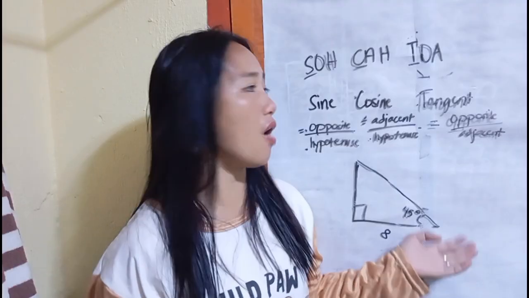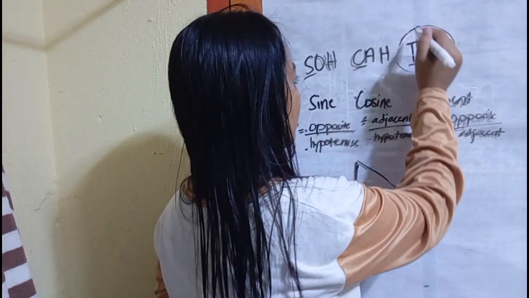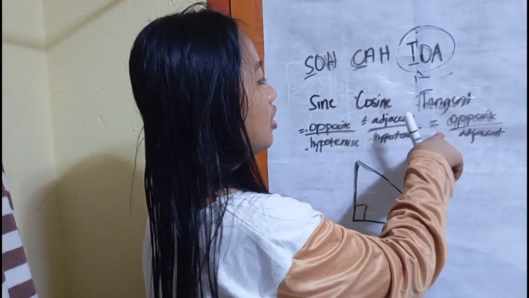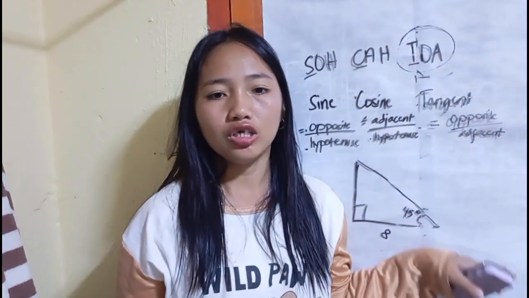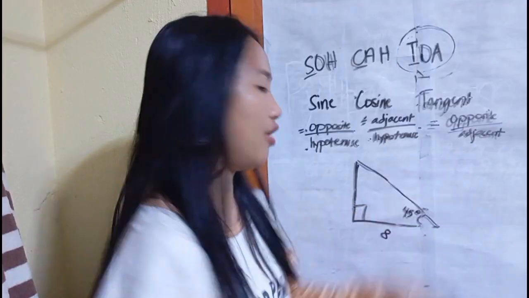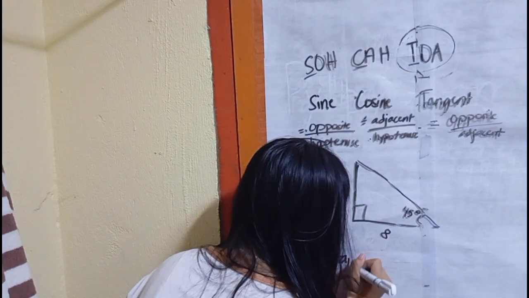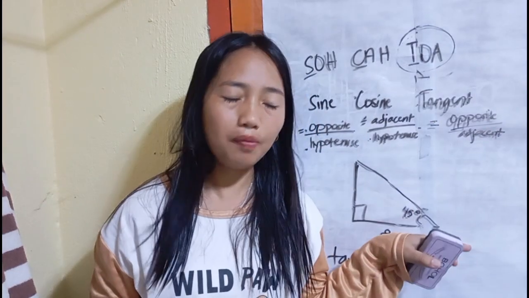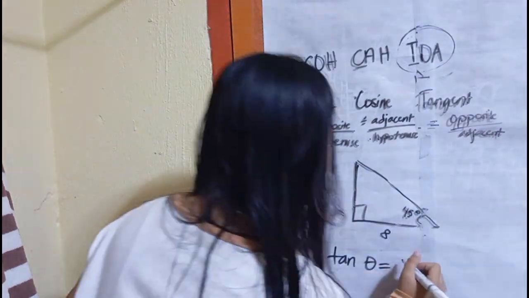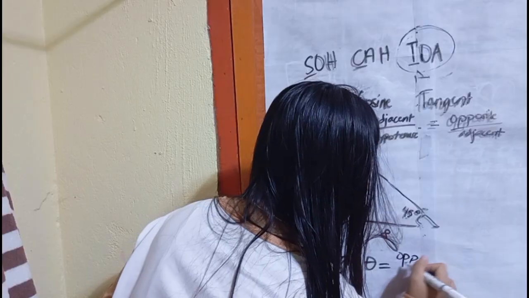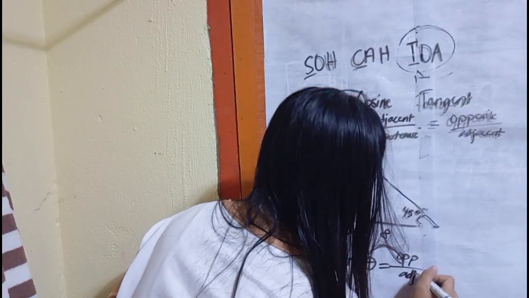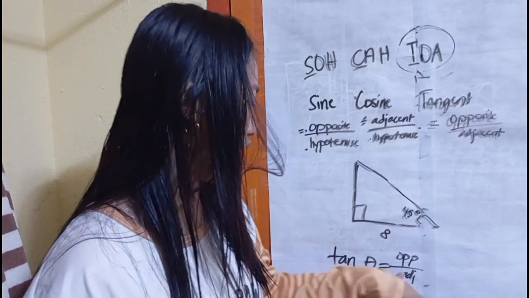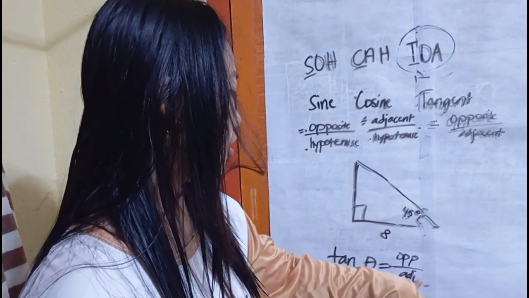Since the opposite and adjacent are involved, we will use TOA, which means tangent equals opposite over adjacent. So, by using TOA as follows, tan is equal to opposite over adjacent. Then we need to change the words into numbers.